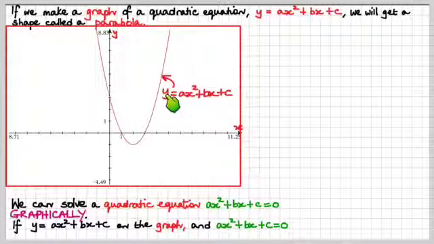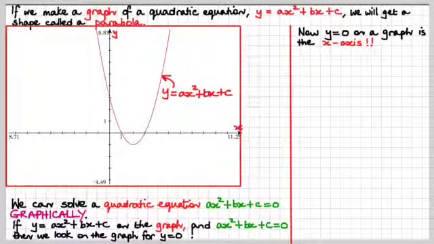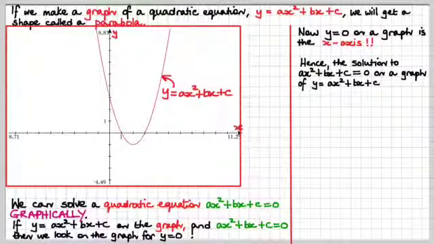And you know on this graph where y equals 0. Have a look. Up here y is positive, that's above the x-axis. Down here y is negative, below the x-axis, but anywhere on the x-axis y is 0. Y is 0 right along here. So we just look for where the graph is 0, that means anywhere along the x-axis where y is 0.